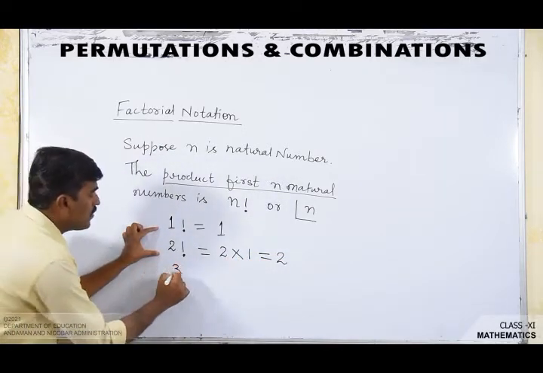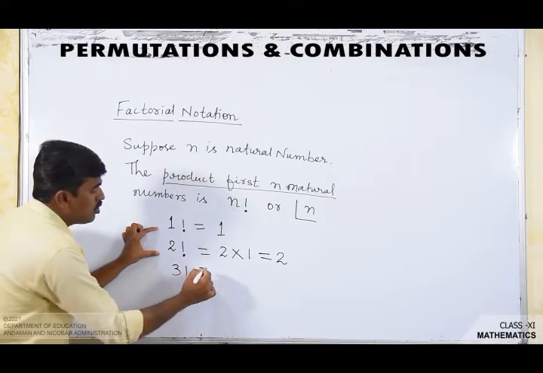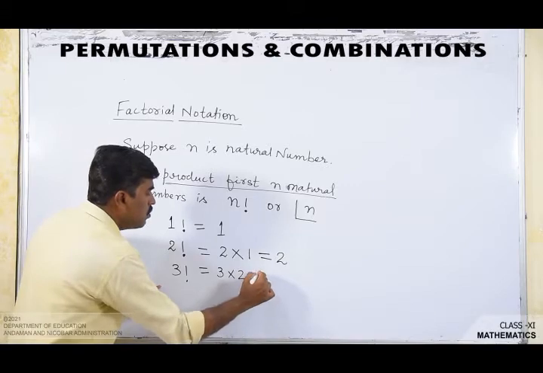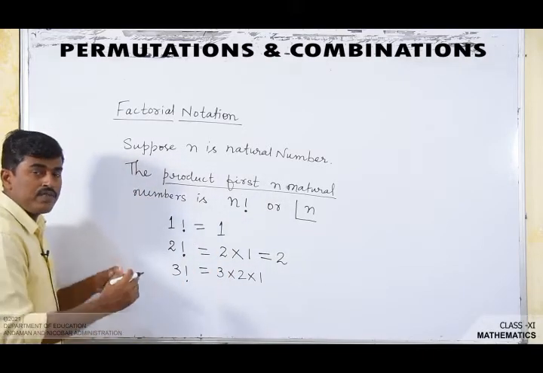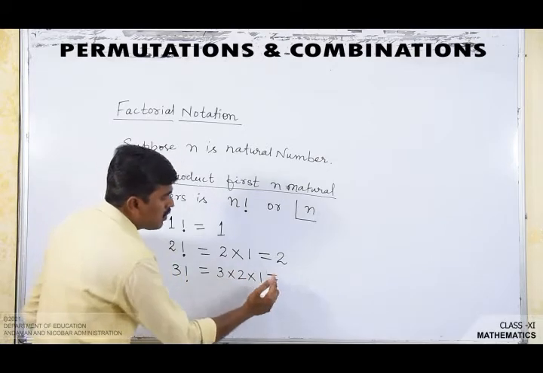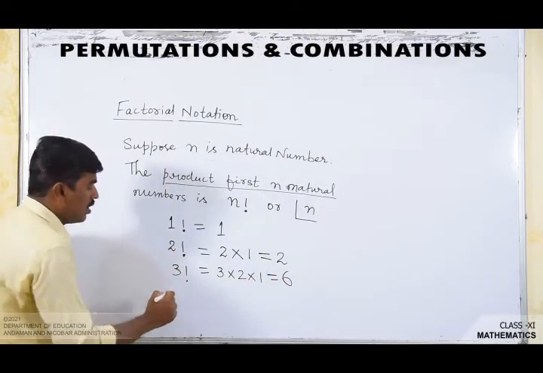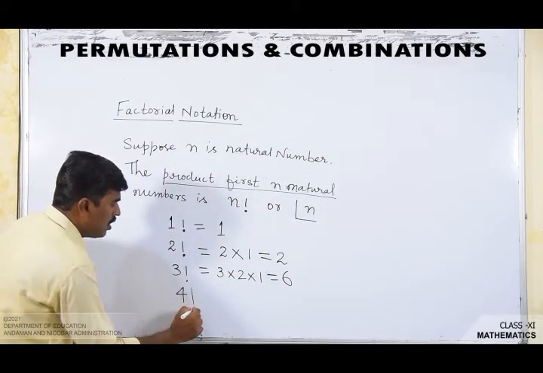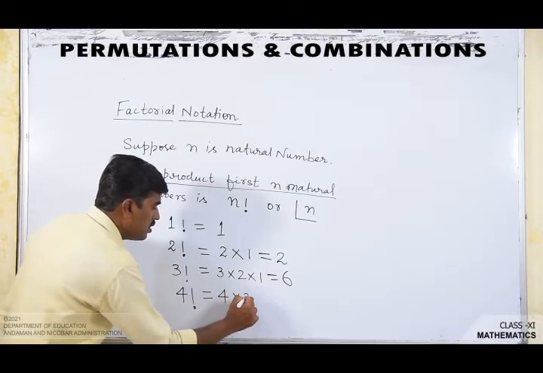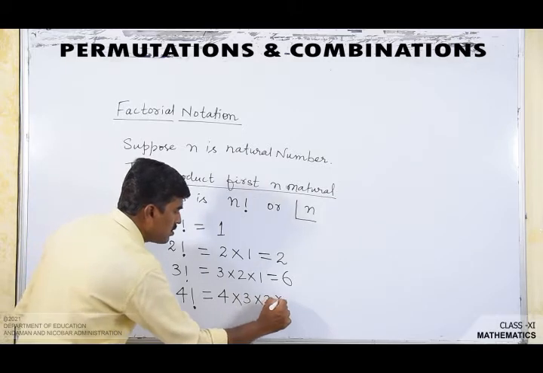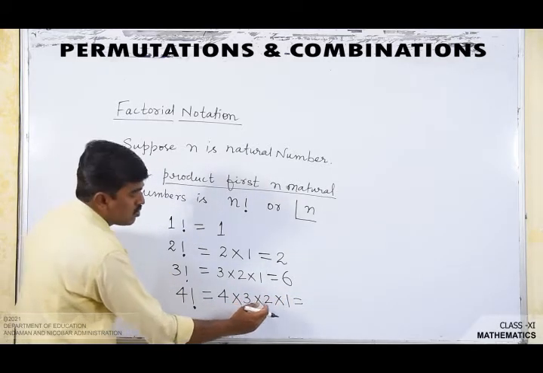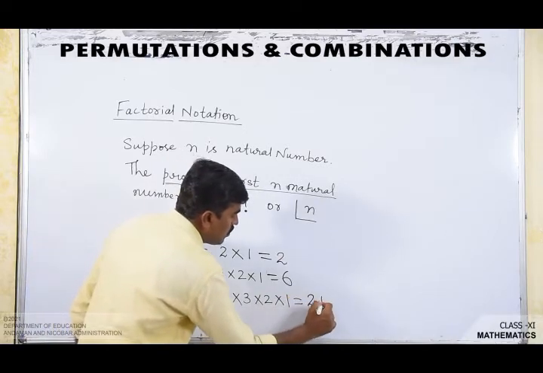Next, 3 factorial. What is the value of 3 factorial then? It is 3 into 2 into 1, the product of first 3 natural numbers, that is 6. Next, 4 factorial can be written as 4 into 3 into 2 into 1, and that is equals to 4 3s are 12, 2s are 24 into 1, that is 24.